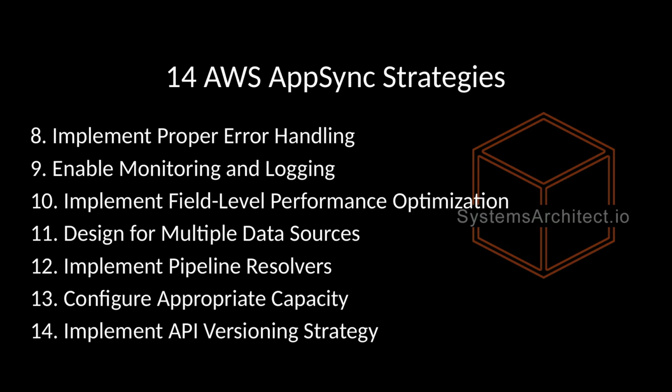Implement proper error handling. 9. Enable monitoring and logging. 10. Implement field-level performance optimization. 11. Design for multiple data sources. 12. Implement pipeline resolvers. 13. Configure appropriate capacity. 14. Implement API versioning strategy.